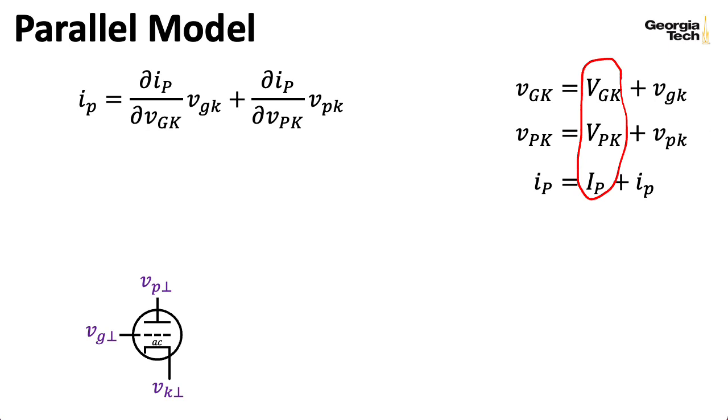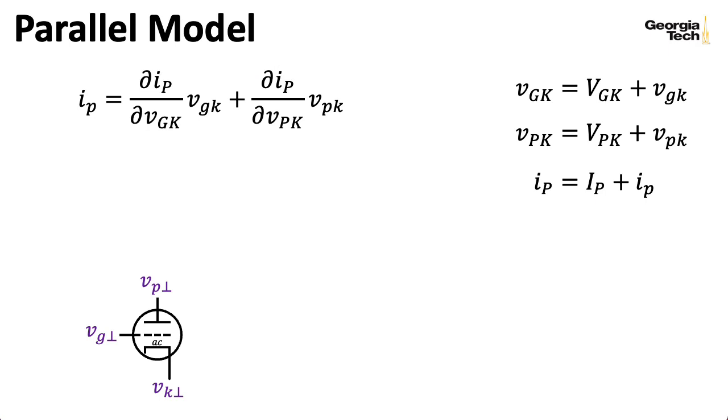So we're going to characterize our plate current in the small signal space as being the derivative of the plate current with respect to VGK times our small signal VGK, plus the derivative of our plate current with respect to VPK times our small signal VPK. And again, I'm assuming throughout that these derivatives are all evaluated at the DC bias point.